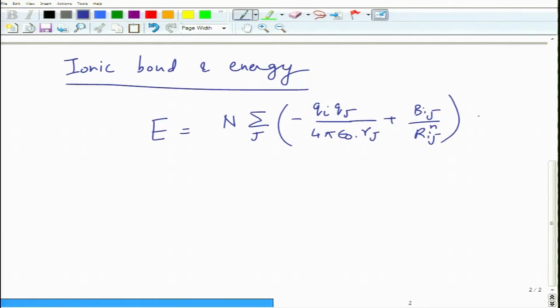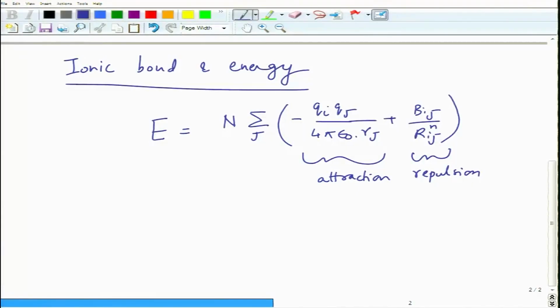This is attraction, and this is where you have repulsion, and the balance of these two is going to determine how they are going to be assembled.